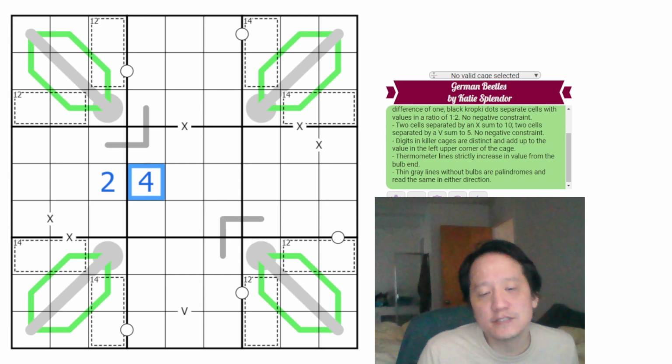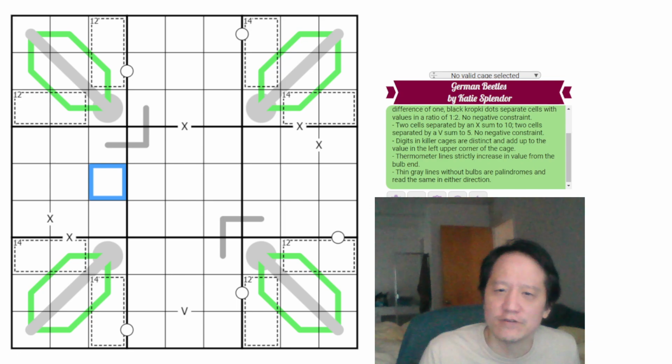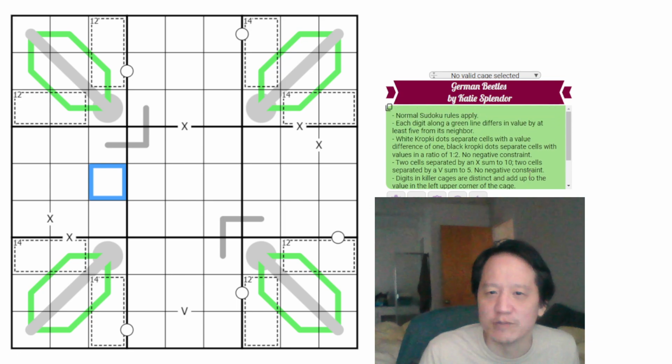Now, since the rule says there are no negative constraints, I don't understand really why they added the black Kropki dot rule then.